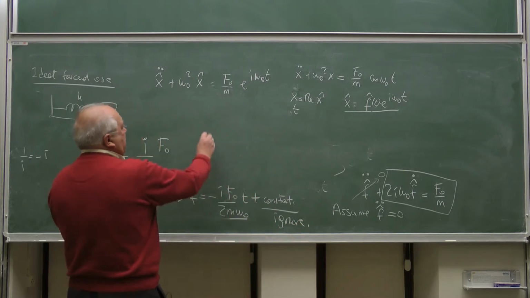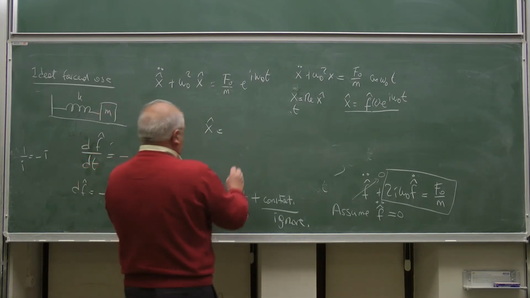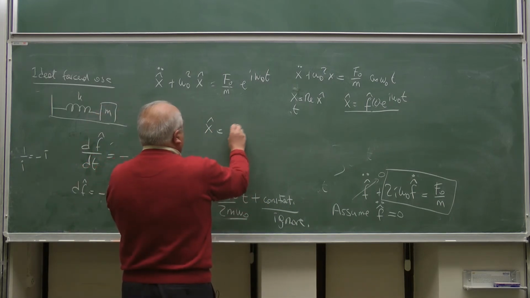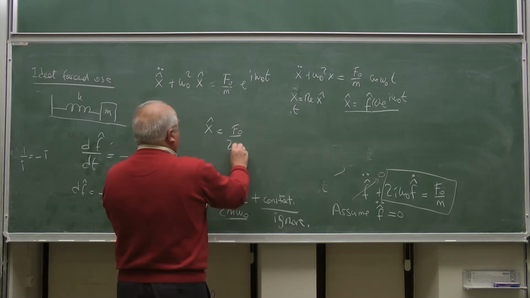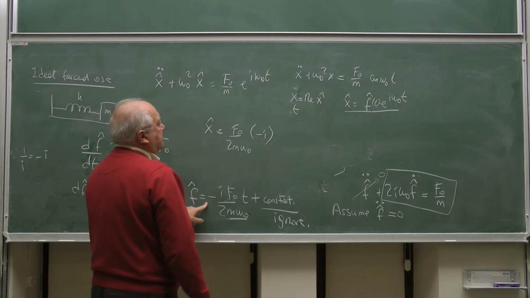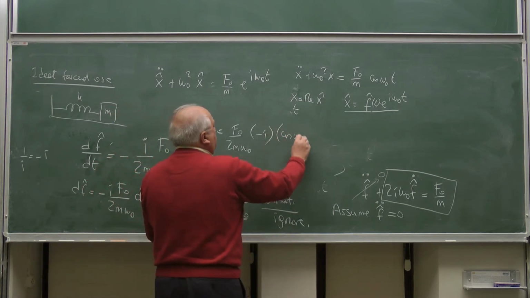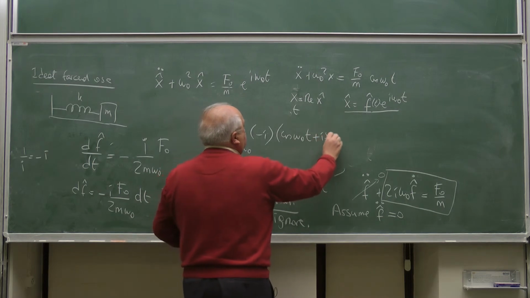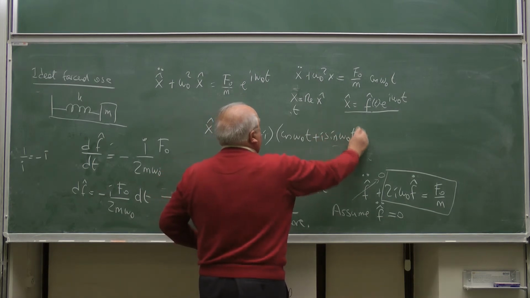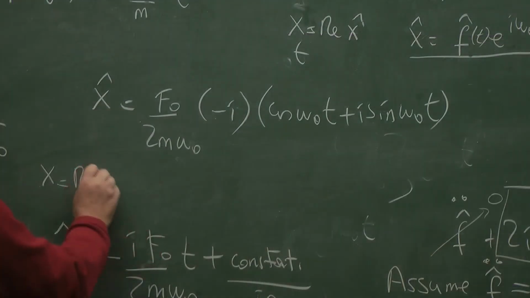So we have found x. x is equal to this thing, f0 over 2m omega 0 times minus i times cosine omega 0 t plus i sine omega 0 t, and x is the real x.